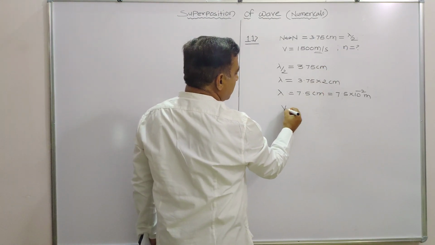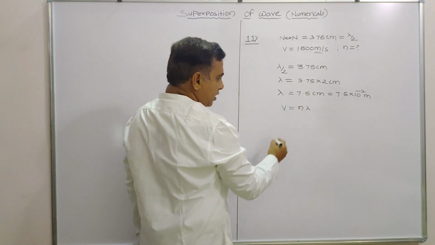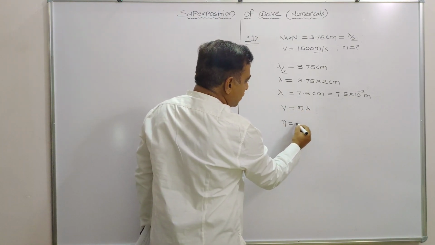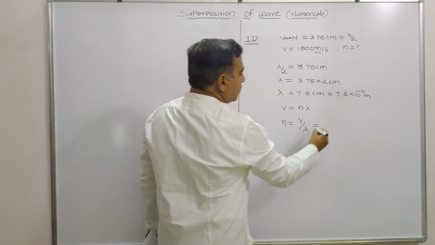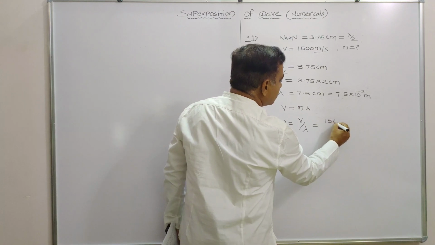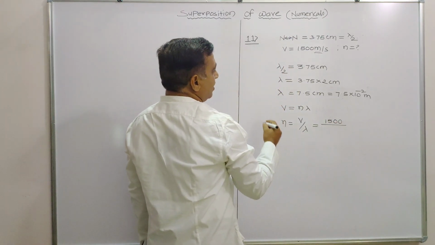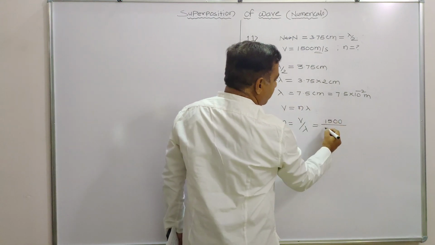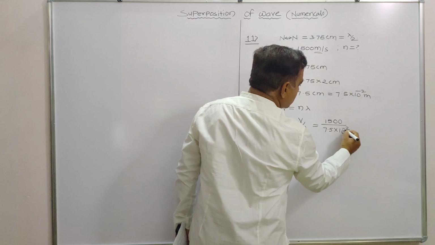So we need to calculate the frequency N. We know the basic formula, V is equal to N lambda. So N is equal to V upon lambda. V is 1500, divided by lambda, that is 7.5 into 10 raised to power minus 2.